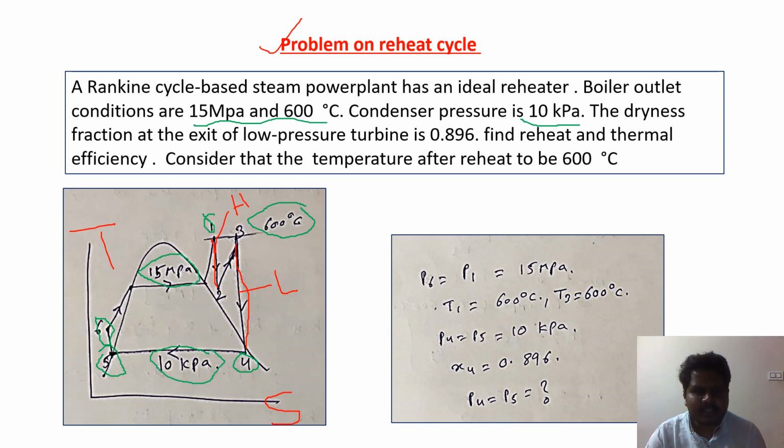The dryness fraction at the exit of the low pressure turbine is 0.896, which means at the exit of the low pressure turbine, at point 4, the dryness fraction is 0.896.